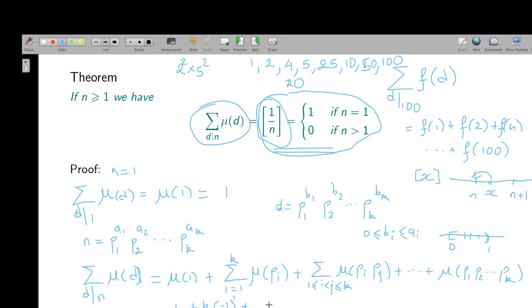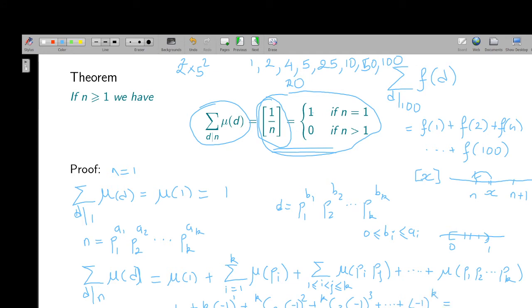here you have, now how many terms appear here? You're going to get exactly k choose 2 terms. So k choose 2, because you're choosing 2 primes, minus 1 raised to 2 plus, in the third part you will have 3 primes, that is k choose 3, minus 1 raised to 3 plus up to, here you have minus 1 raised to k.